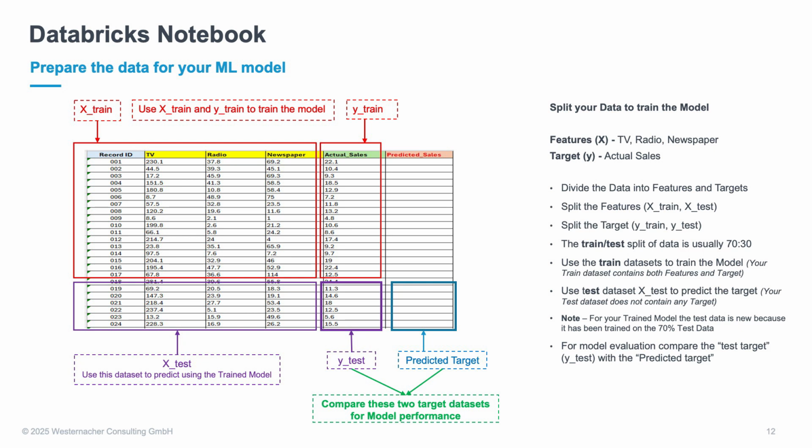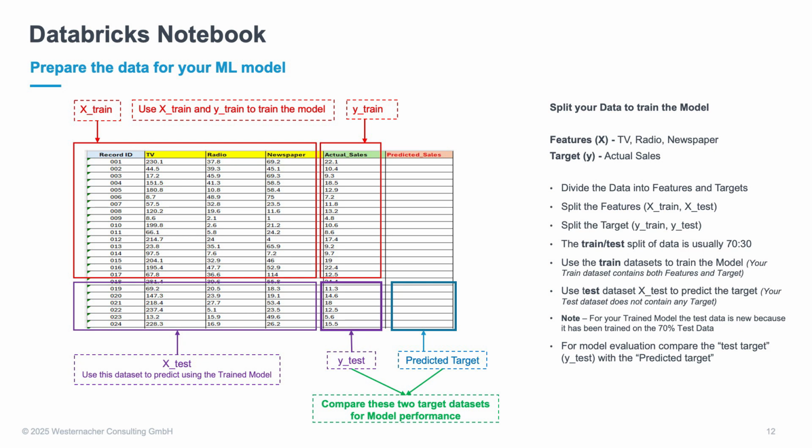Actual sales is our label. We will call it Y_train. So X_train and Y_train will be the two data sets. Y_train will only have the measure or the target, actual sales. X_train will have the features, TV, radio, newspaper. And we will use these two different data sets to train the model.